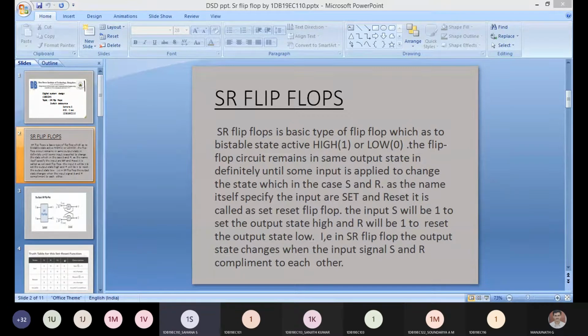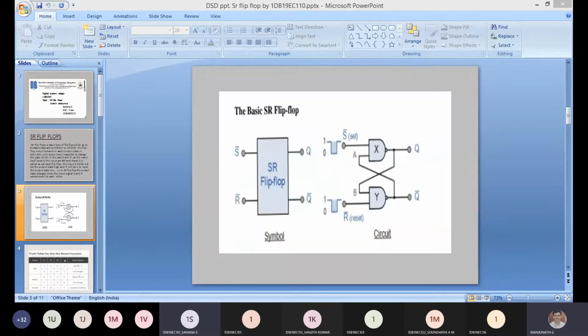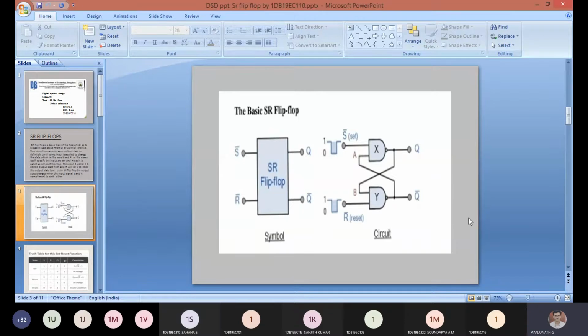So it's finished. So next. Table. Circuit. Circuit is not visible. No. Just one set. I'll just share back the things. Yes, sir. Is it visible now? Yes, sir. Okay now?